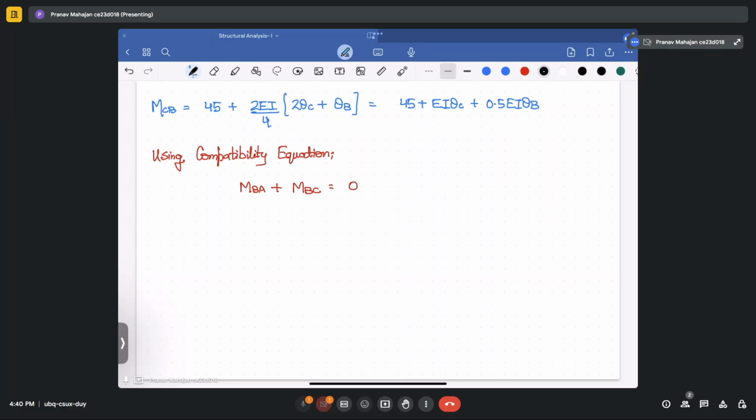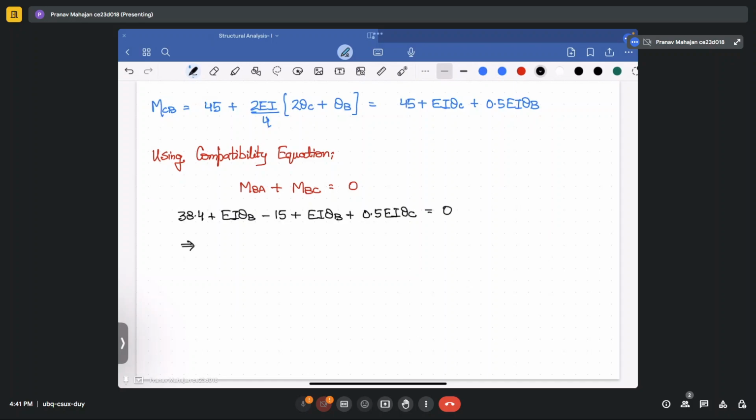For MBA, you have written 38.4 plus EI theta B, and for BC it is minus 15 plus EI theta B plus 0.5 EI theta C. That is equal to 0.